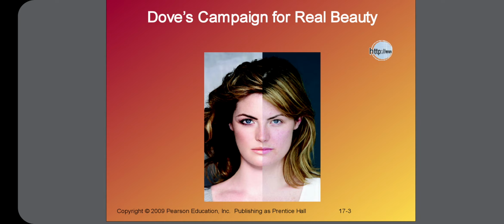The message is that the company wants to reach its customers, that if you are using their products, it may lead to the effectiveness of the product that they are selling, enhancing the image or the personality of a certain user, because what they are selling is definitely a cosmetic product.